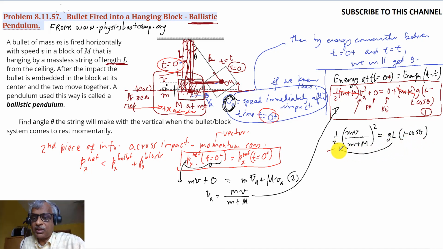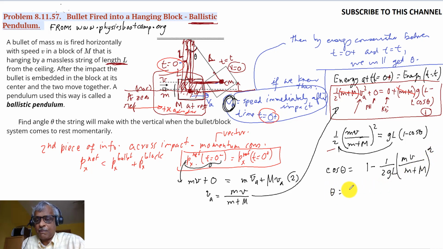I'm going to put this on the other side, and then subtract 1 from both sides, and so cosine theta will turn out to be 1 minus 1 over 2gL times mv over m plus M, squared, and so theta will be arccosine of this stuff.